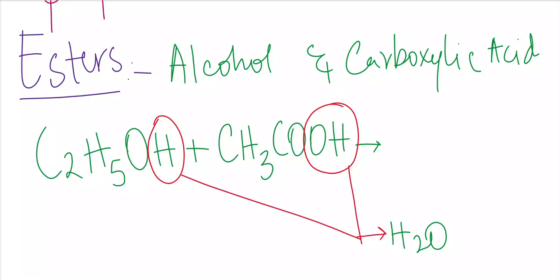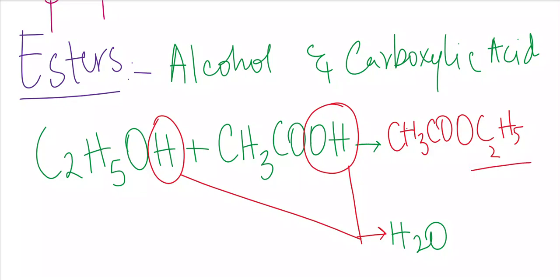So after the removal of the water molecule, the remaining formula is CH3CO, and then the alcohol will attach here, which is C2H5. So this is the ester that is formed by esterification between the alcohol and the carboxylic acid, and the name of this ester, as you can see here, is this one.